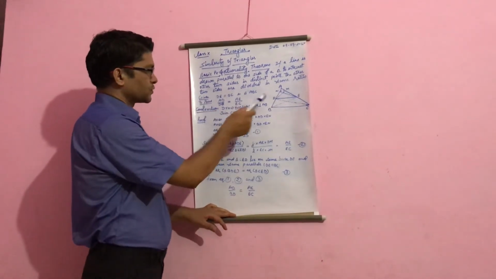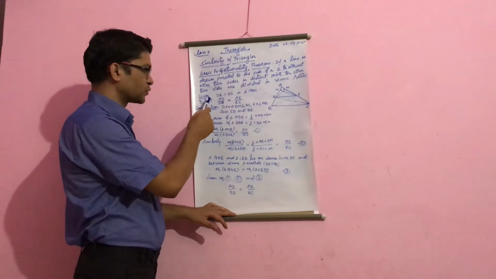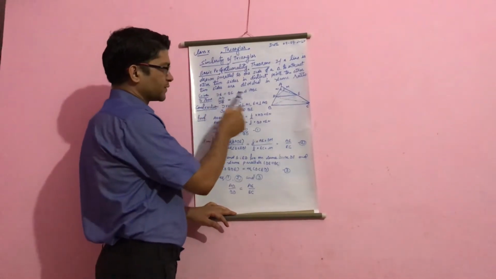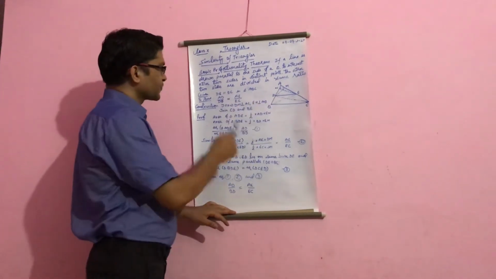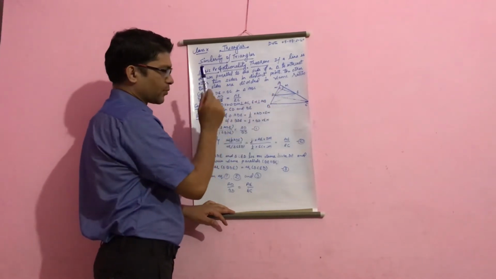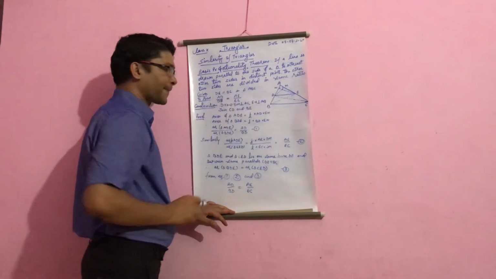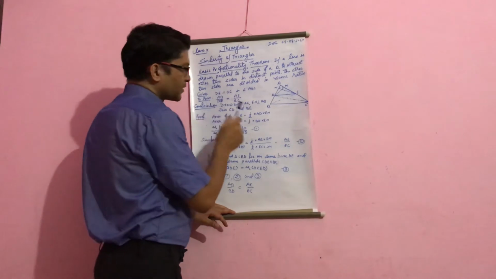Now, whenever you have to prove a theorem, you have to write given, to prove, construction and proof. For this figure, you are given that DE is parallel to BC in triangle ABC. What you have to prove is that the ratio AD upon DB is equal to the ratio AE upon EC. So we need to do some constructions here.